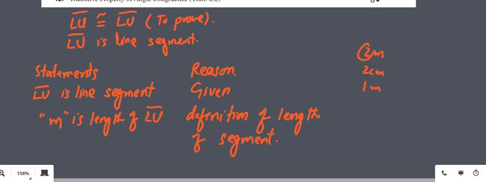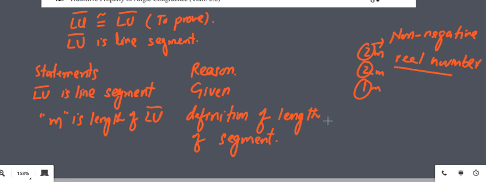If you look at these numbers, these are real numbers, non-negative real numbers. So the length of any line segment is always a non-negative real number, right?